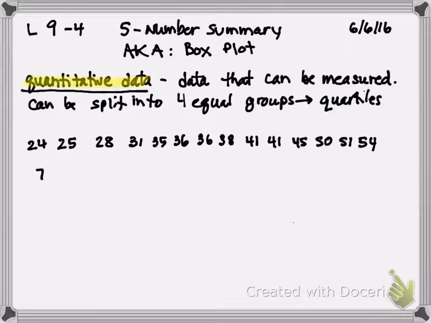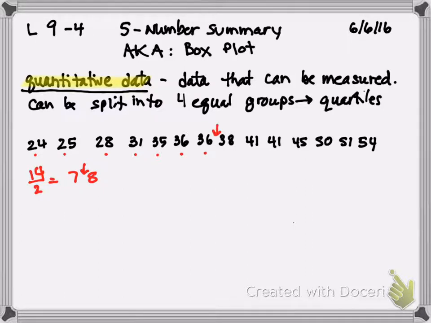So if I have 14 numbers, between the 7th and the 8th number is going to be my median of the data, because the data is in order from least to greatest. So let's count 1, 2, 3, 4, 5, 6, 7.